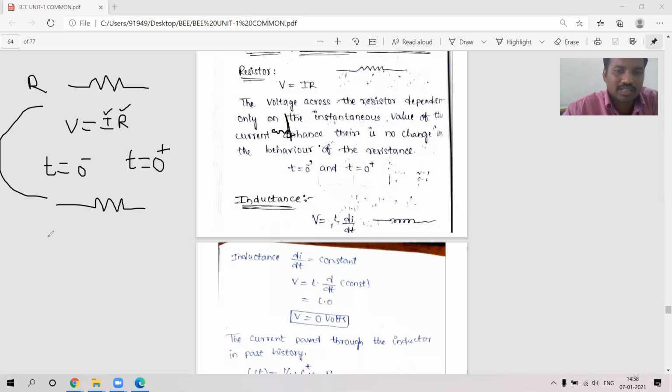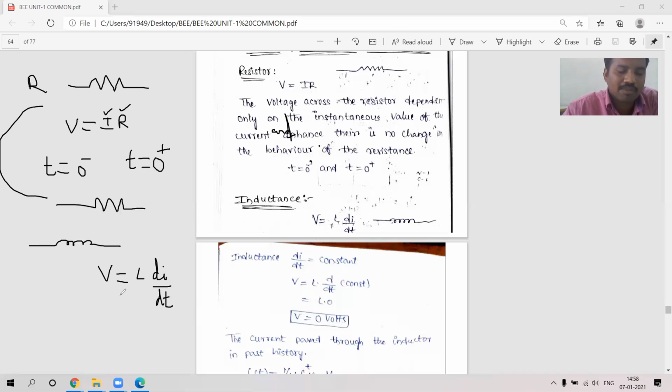Whereas coming to the inductor case, the inductor is represented by a coil, and we know that if we pass current in an inductor, there will be an induced EMF given by V is equal to L di by dt.